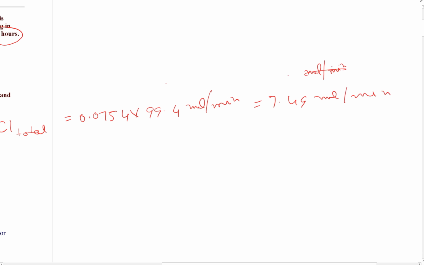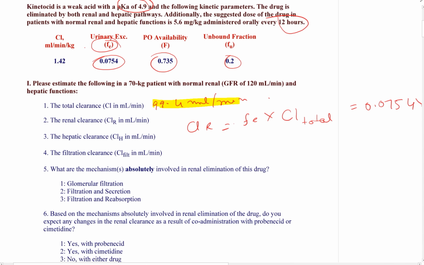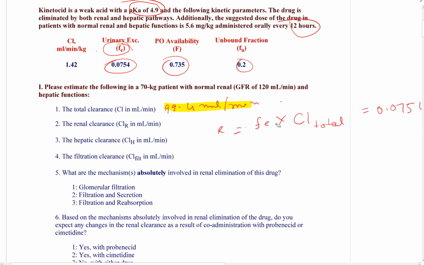This would be your total renal clearance. So let's put the answer here. Total renal clearance is 7.49 milliliter per minute.